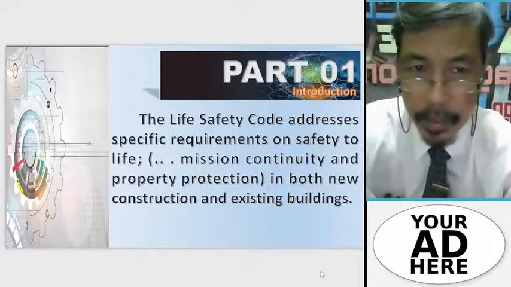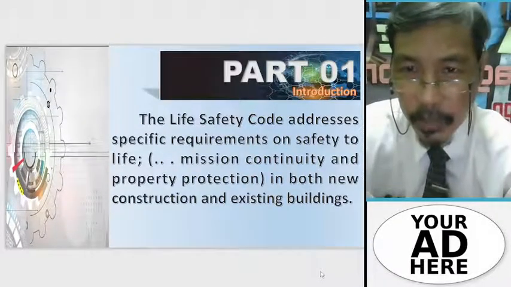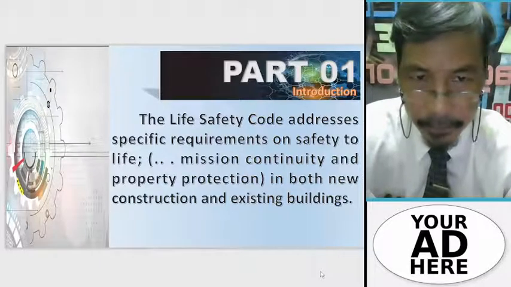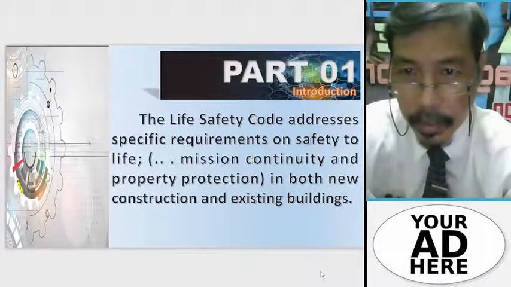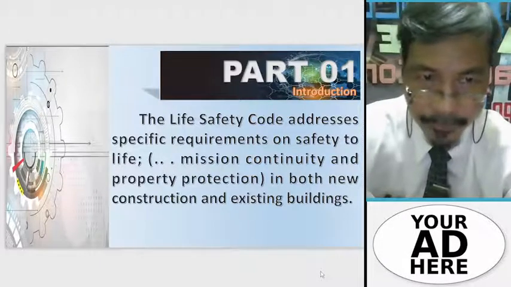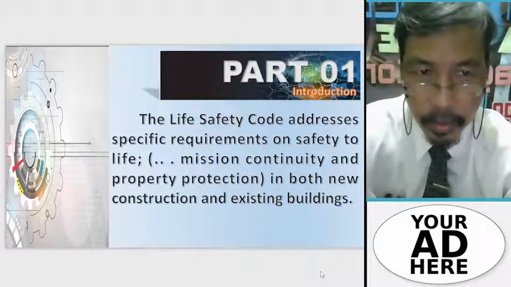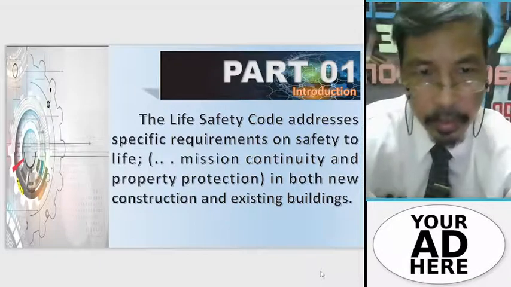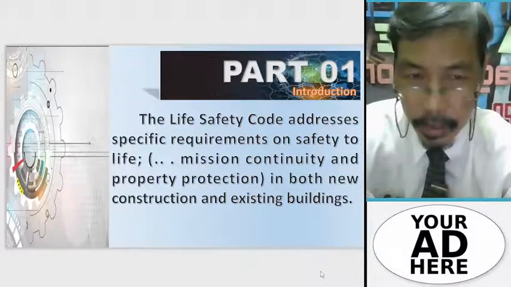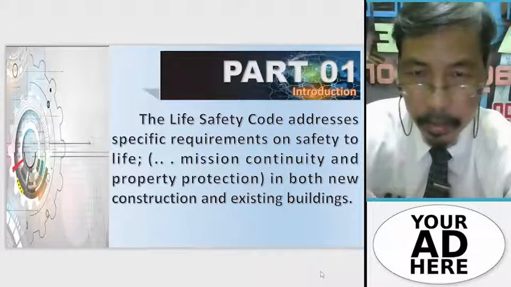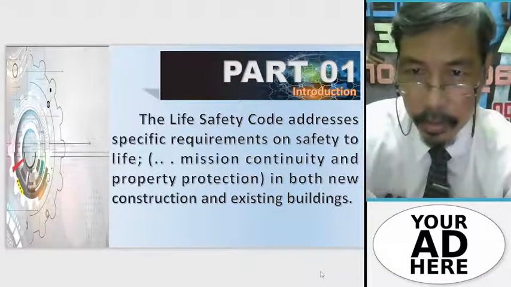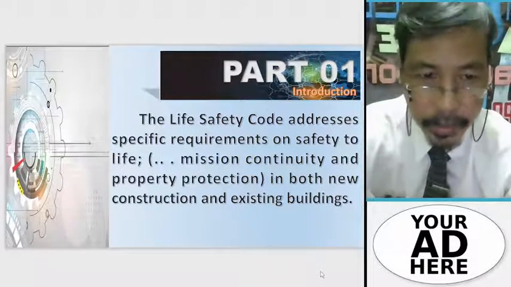We know that the Life Safety Code addresses specific requirements on safety to life. And in so doing, it also addresses mission continuity indirectly, together with property protection in both new construction and existing buildings.